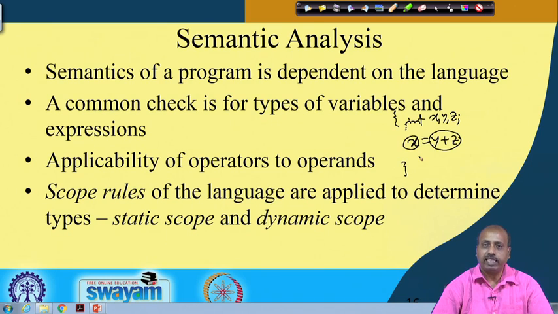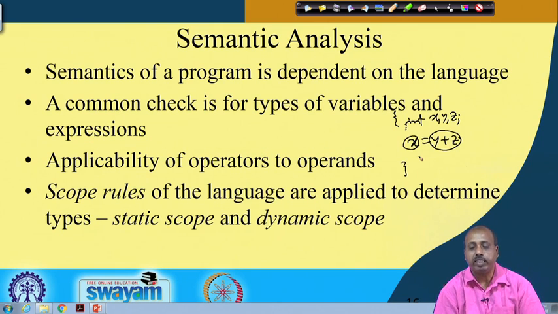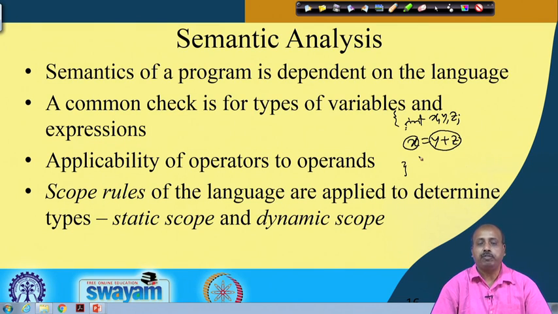However, there is another type of scope rule which says that it depends on the execution sequence in which the functions are invoked. That will determine the values of x, y and z. For example, in C language, if I do not declare the type of a variable in a function, and the variable is available globally, then the compiler will take the type of the variable as whatever is defined globally.